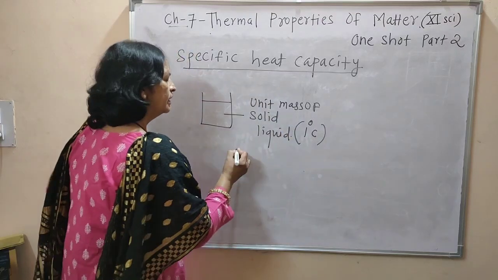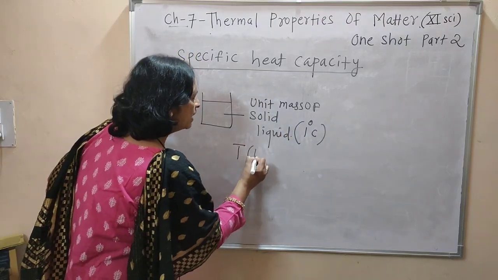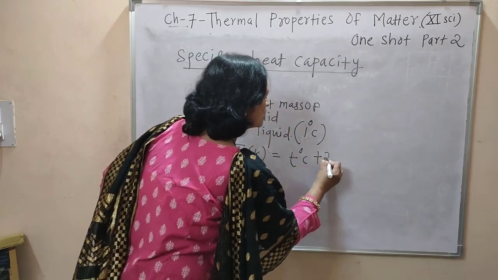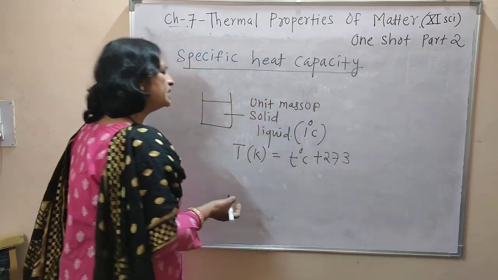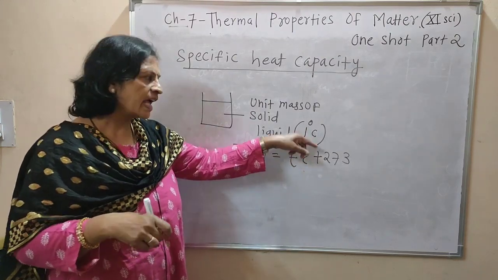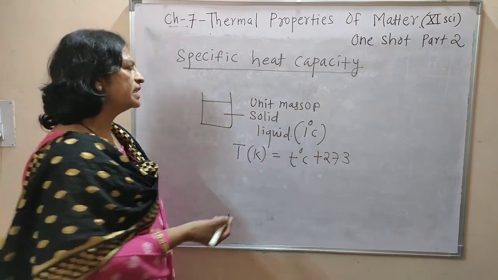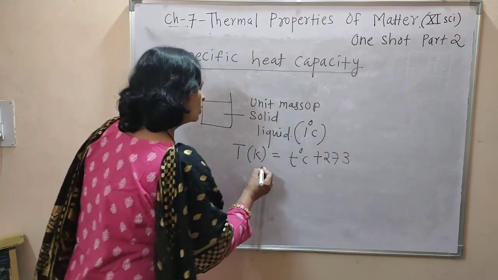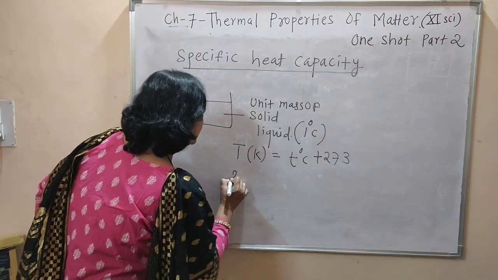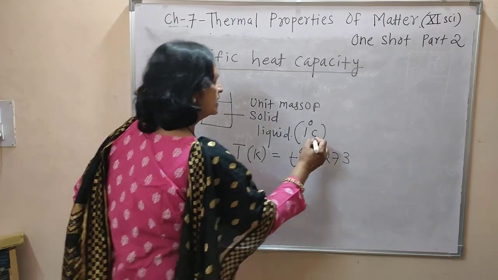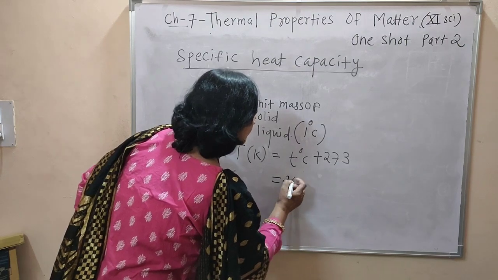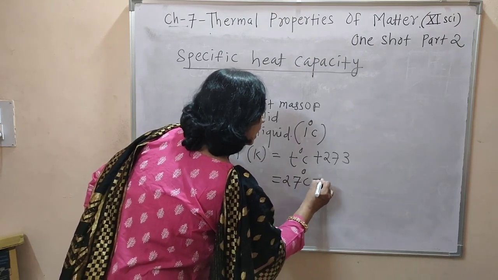Now we know that temperature in Kelvin is temperature in Celsius plus 273, so when we increase temperature by 1 degree Celsius, it increases by 1 Kelvin. For example, if the temperature is 27 degrees Celsius, adding 273 gives 300 Kelvin.